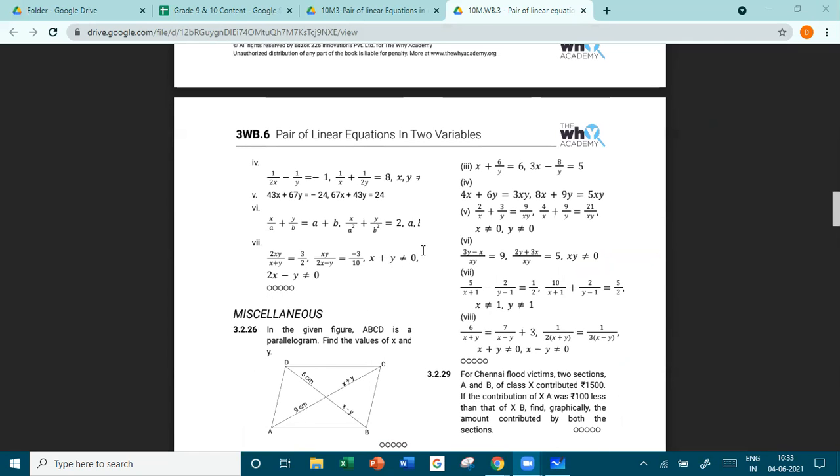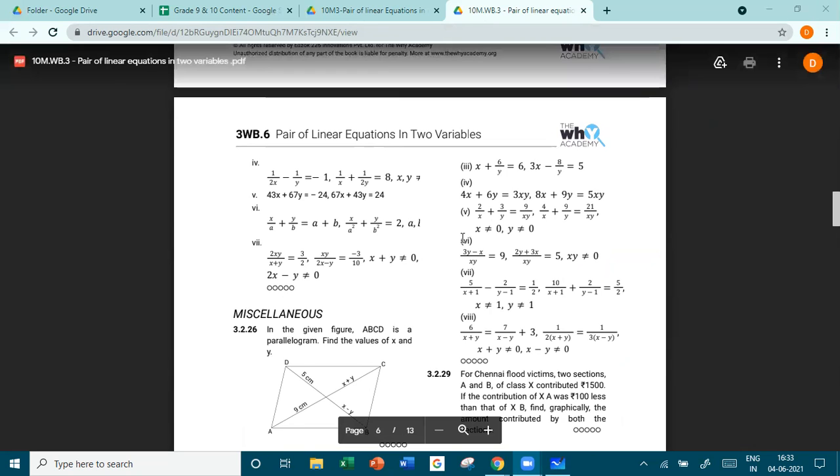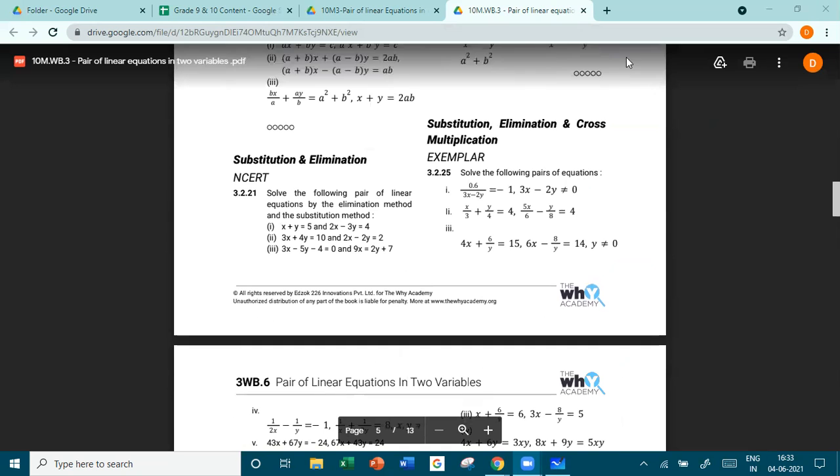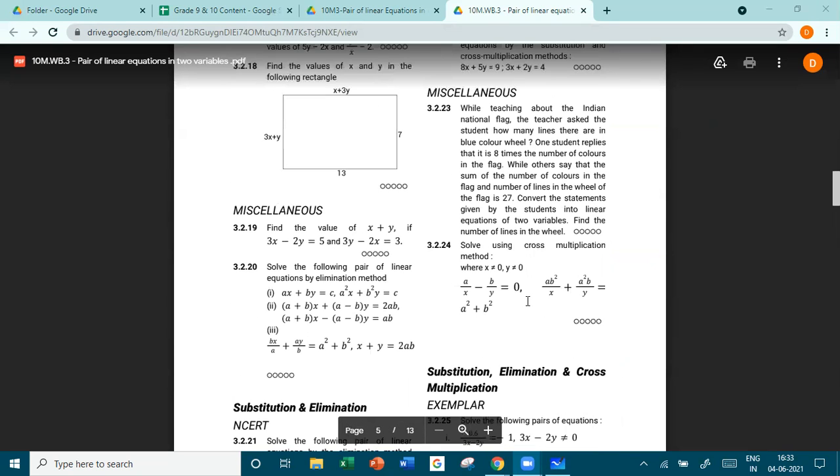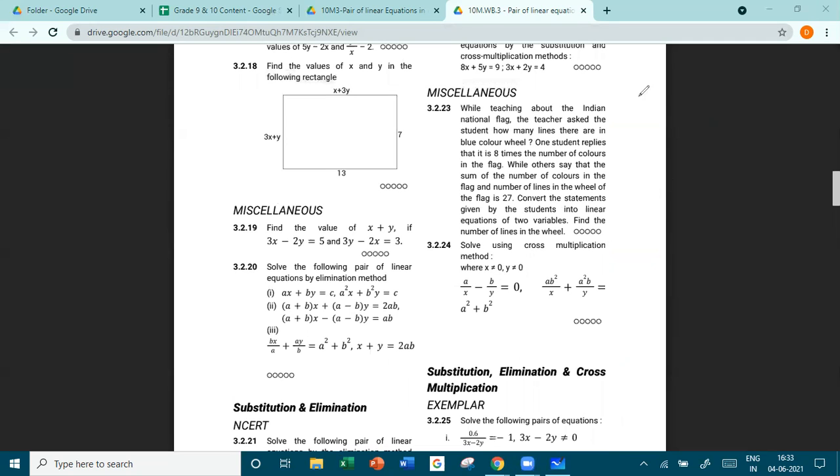Ma'am, your voice was lagging for me, so could you repeat what you just said? Oh, yes, sure. I was explaining this part, the 24th question. I'll write it again. In the 24th one, you have x and y in the denominator.